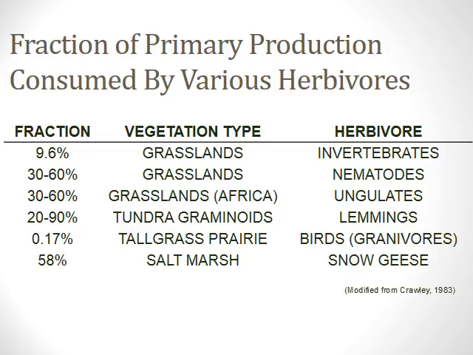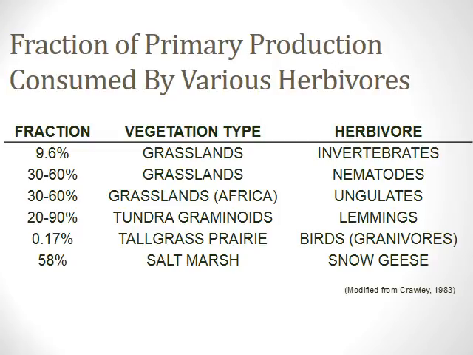The first thing I want to do is just look at the fraction of primary production that is consumed by various herbivores. In the grasslands, invertebrates consume about 10% of the vegetation. These are invertebrates like grasshoppers or crickets. Aside from that, nematodes, worms that predominantly dwell in the ground, consume 30 to 60% of the grasslands.